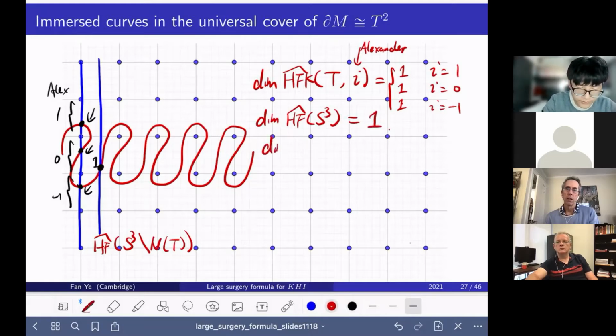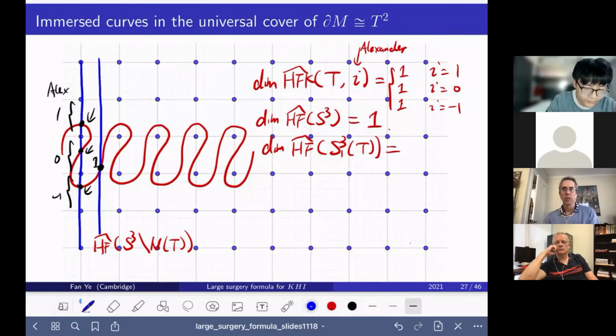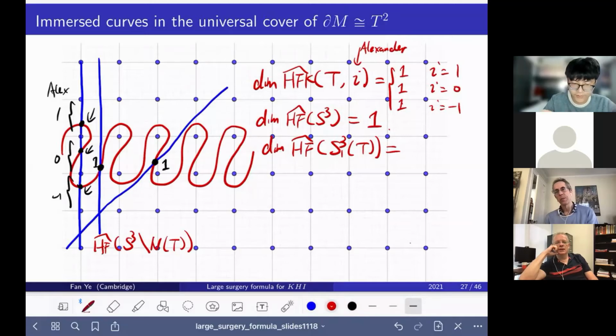Then if we want to consider the HF hat of the one-surgery on the trivial knot K, we should consider a line of slope 1, so that we find there's only one intersection point.